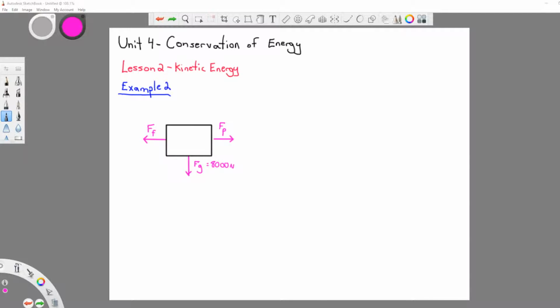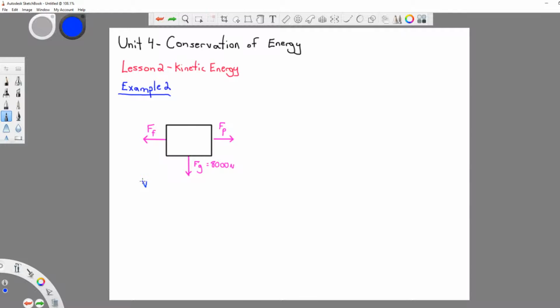Now in this example problem, it gives us a little bit of information about a car. It says this car is 8,000 newtons, so that is the weight of this car. The force of gravity really is what that value is. And it's saying that this car is accelerating from rest to a speed of 15 meters per second along a level surface.